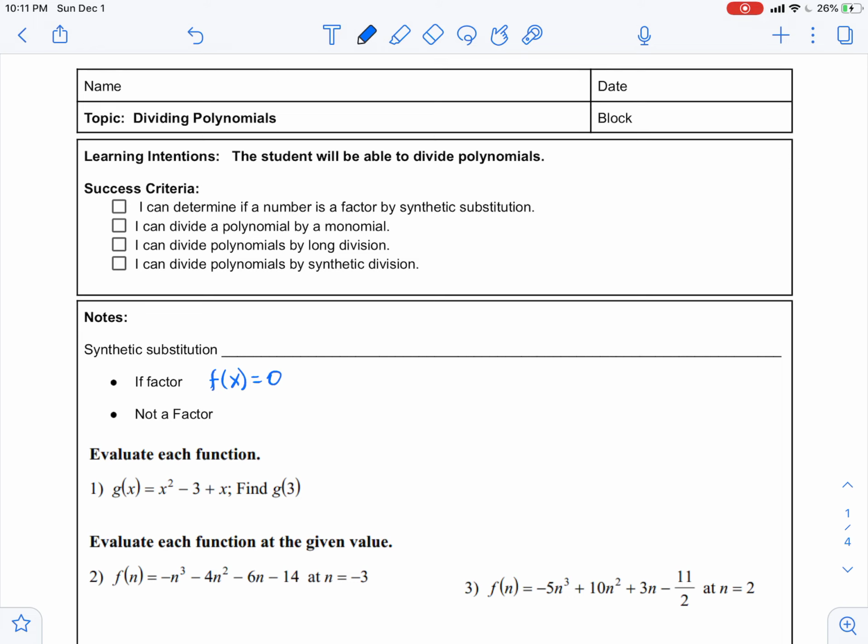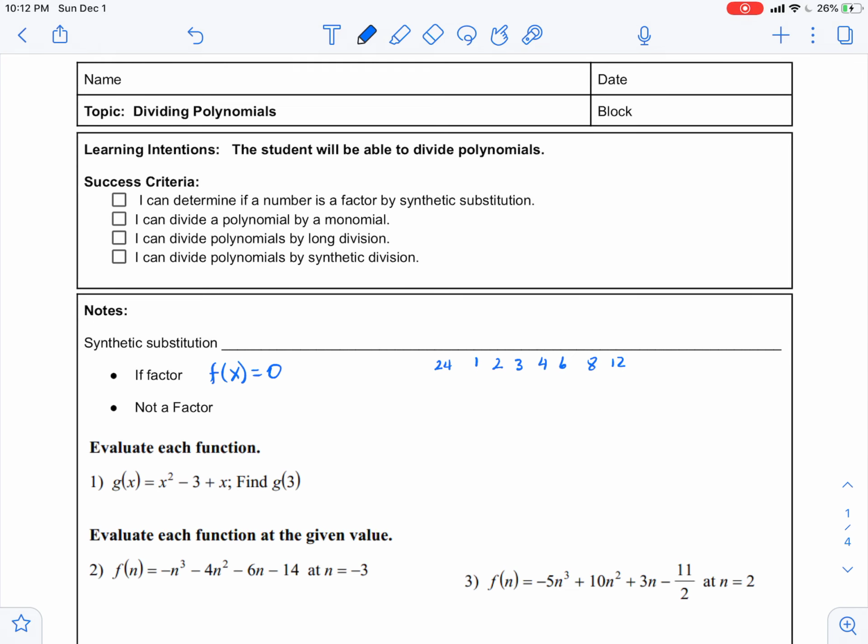Now remember what factors are. Factors are numbers that go into your number. So in other words, if I have the number 24, then factors of 24 would be 2 and 12, 3 and 8, 4 and 6. Those are all factors of 24, and I guess I should have put 1 and 24 in there also.